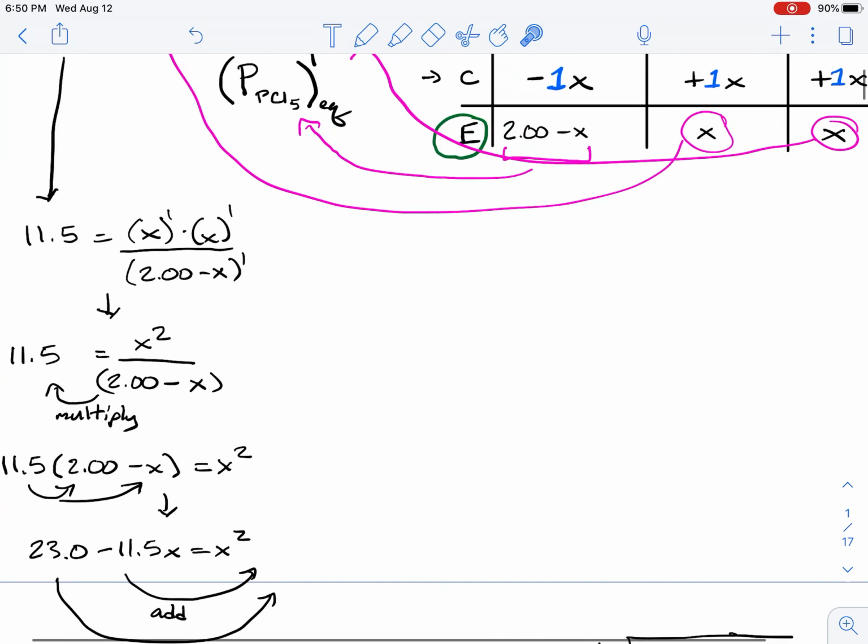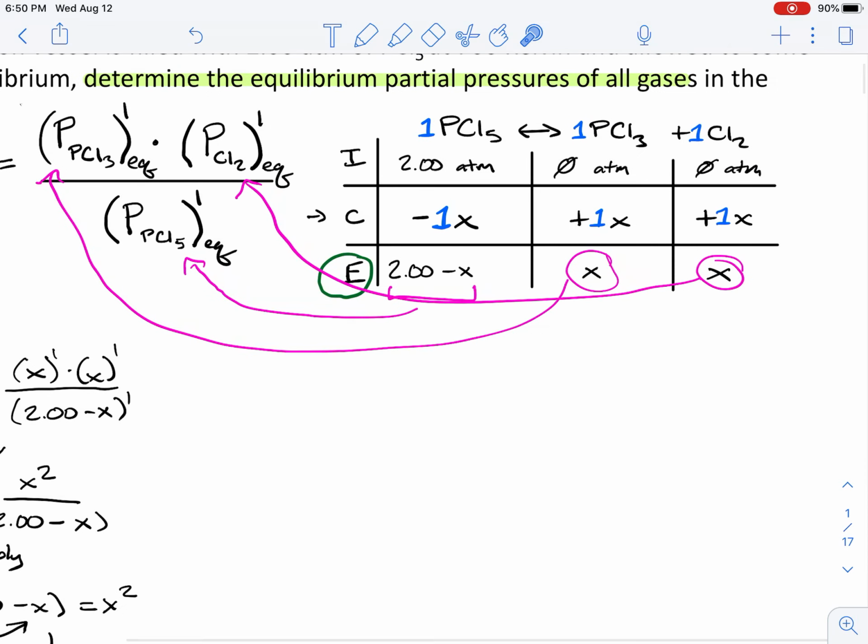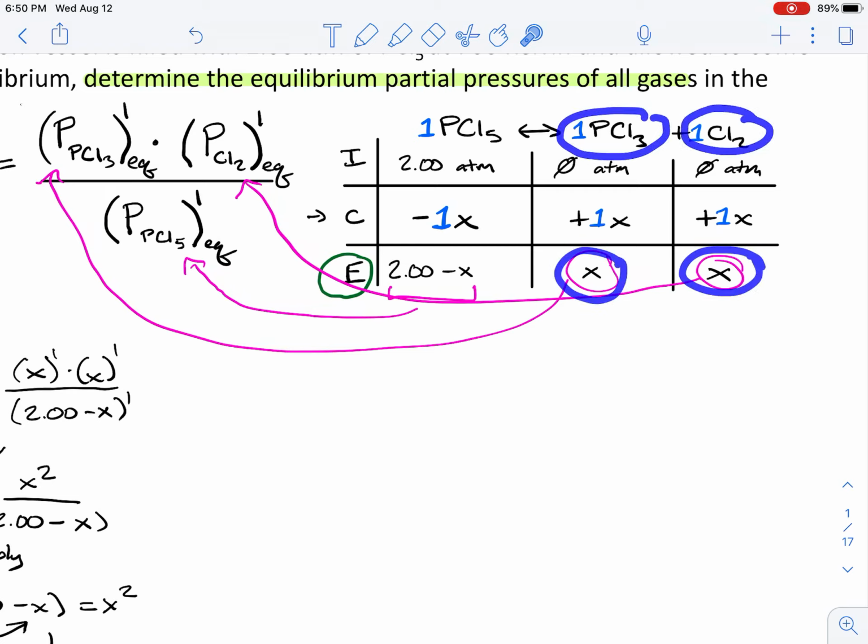If you imagine that I plug in negative 13.2 for x in the E part of the ICE table, could we ever have a negative value for atmospheres or for amount of substance?